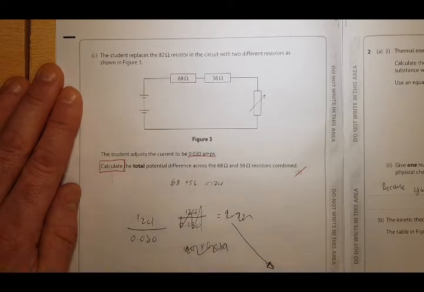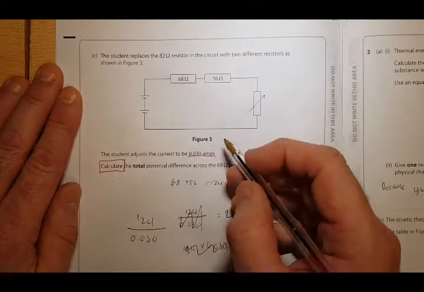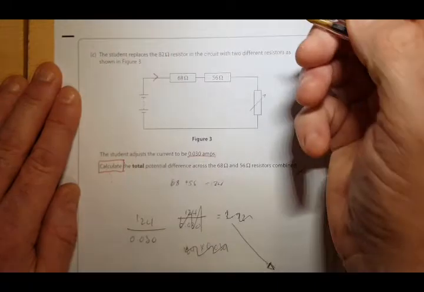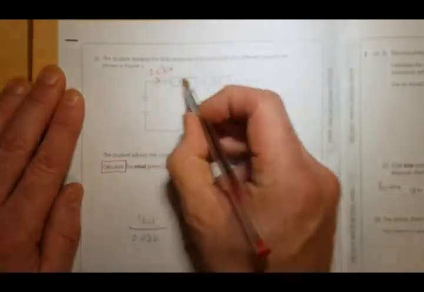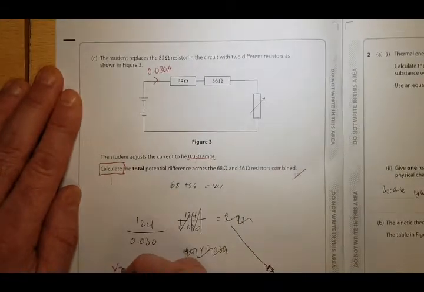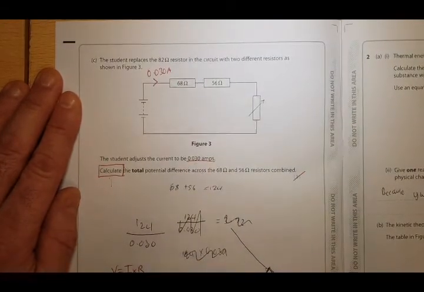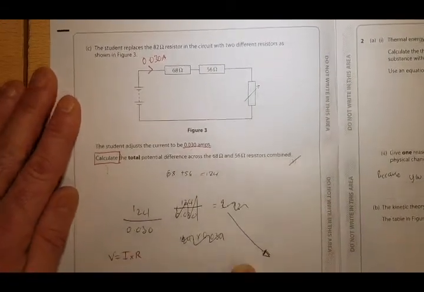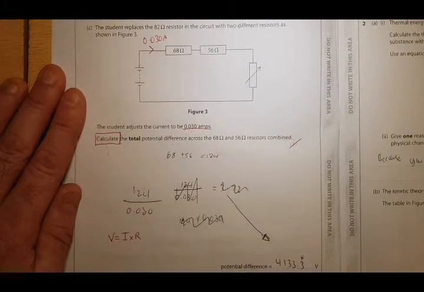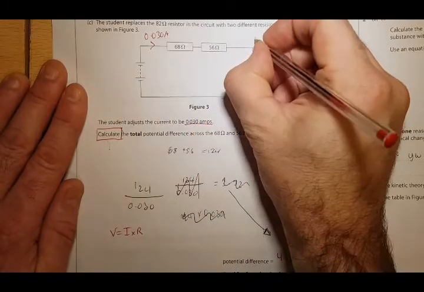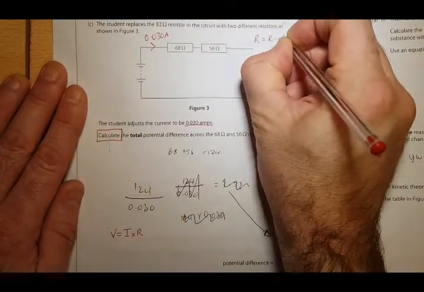So in order to do this, we need to work out the potential difference across both. There's two ways of doing it. We know the current here is 0.030 amps. So that current's going to go through both, and we know V equals I times R. So we can work out the potential difference across each and just add them up. Or you can work out the combined resistance of both using the formula R equals R1 plus R2, if you can remember that.